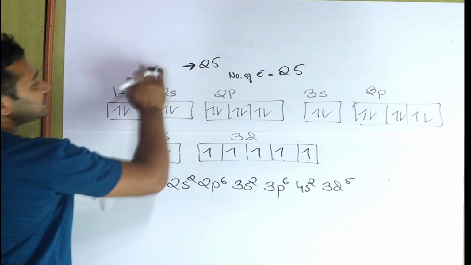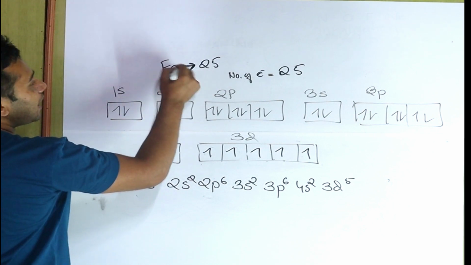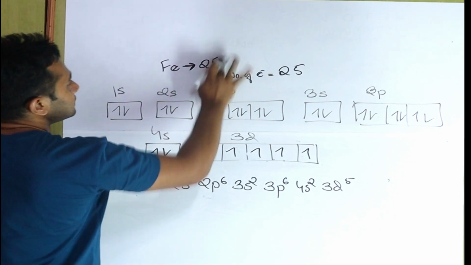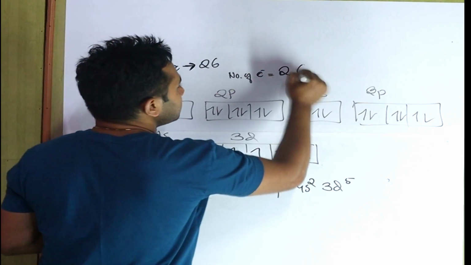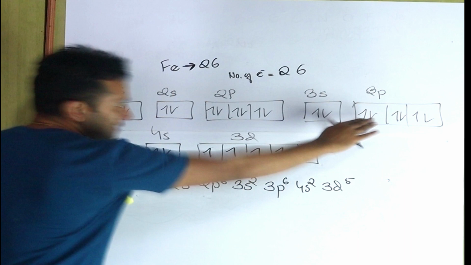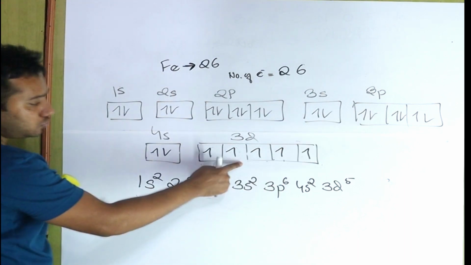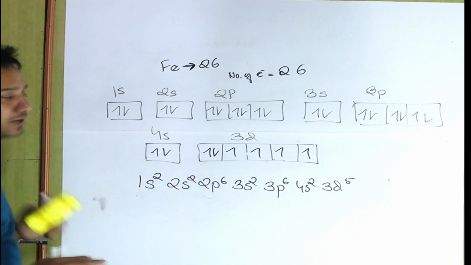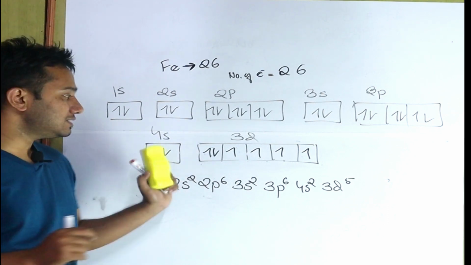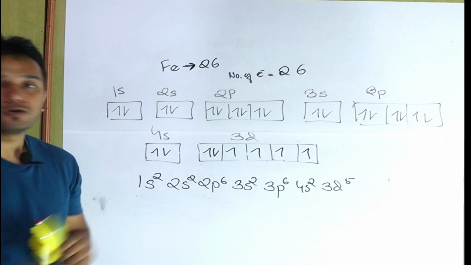Now if I go for 26, I will have iron, right? Iron has atomic number 26, so the number of electrons will be 26. 18, 19, 20, 21, 22, 23, 24, 25. If I put one more, I will have 26. This is how the electrons will be filled for iron.